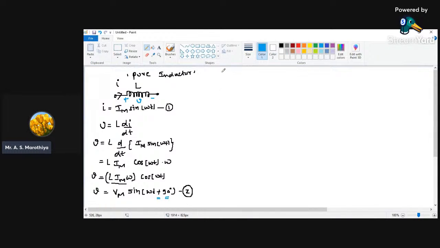So in case of pure inductor, one thing is very clear, that voltage leads the current by an angle of exactly 90 degree. This is very important. Or you can also define this statement as current lags voltage by an angle of 90 degree. Both are the same thing.